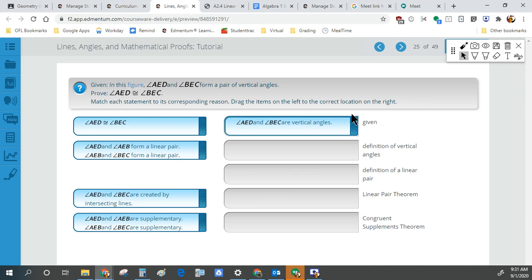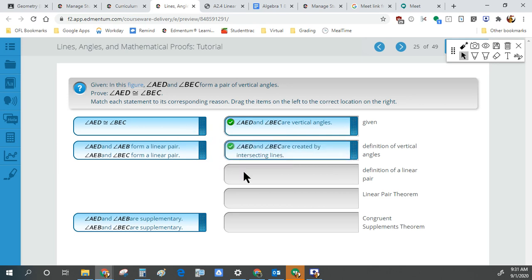Right here, these two are vertical angles. Definition of vertical angles: we're trying to figure out what the definition of vertical angles is. Vertical angles were created by these two intersecting lines.